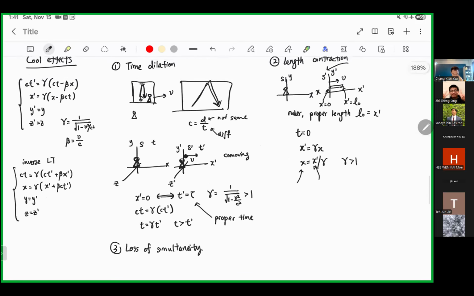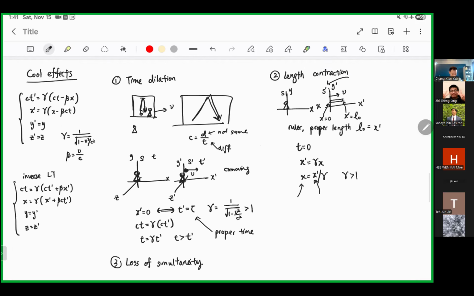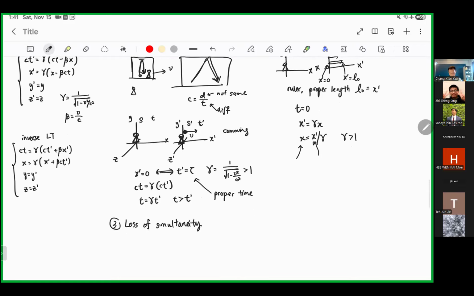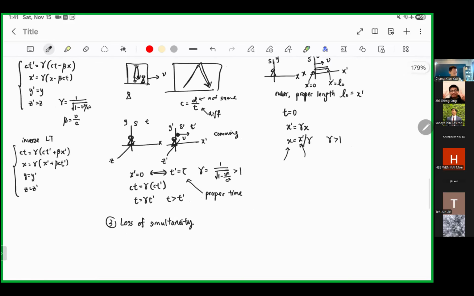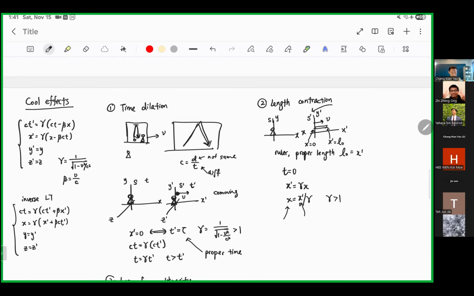Because you have two times now, and the two times are different, if an event happens in one reference frame, it might not happen at the same time in another frame. I don't want to get into the math of that because we don't have much time to finish the other stuff, but just keep this idea in mind. You can check derivations online when you actually need them.